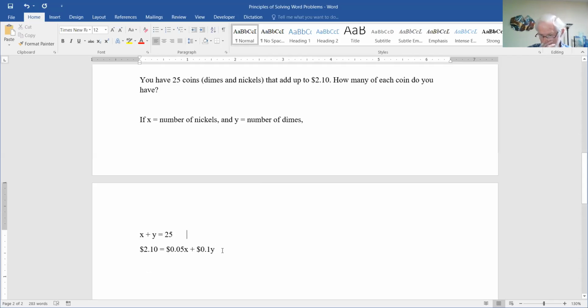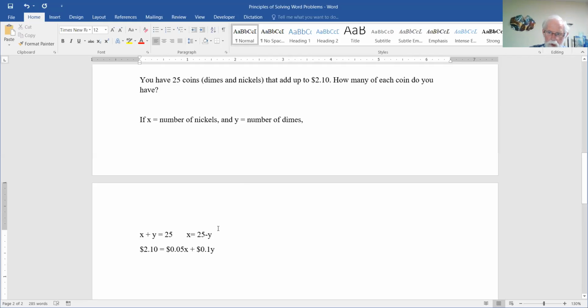That doesn't really get us very far. But we know from this first question that we can rearrange it to x equals 25 minus y. Right? So now we have x in terms of y.